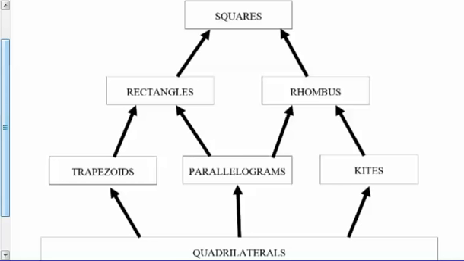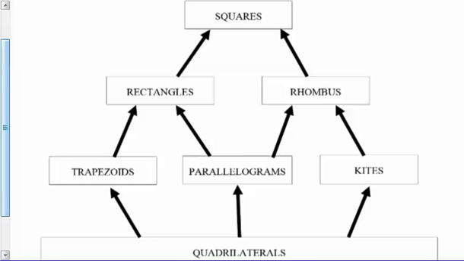Quadrilaterals are the most basic of the four-sided figures, right? To be a quadrilateral, very basic. All you need to do is have four sides, and your interior angles need to add up to 360 degrees. If you can qualify for those two characteristics, you're a quadrilateral.